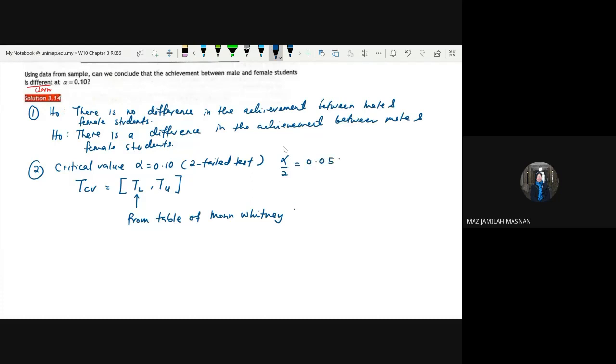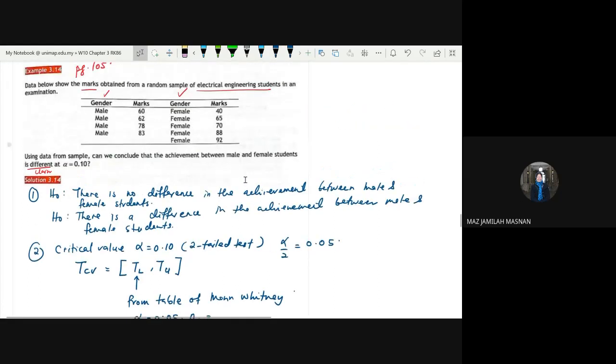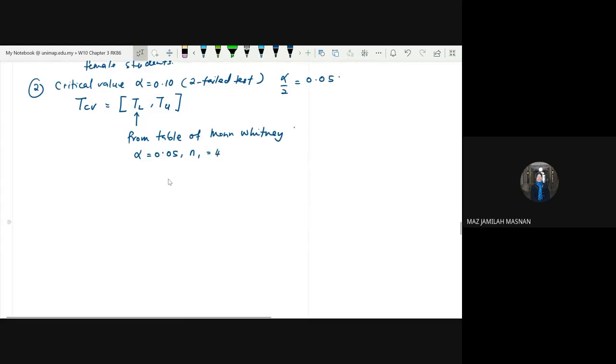So how do we find our critical value? It is based on alpha 0.05, and N1 is the number of samples from your group 1. So N1 is equal to 4, and N2 is equal to 5.